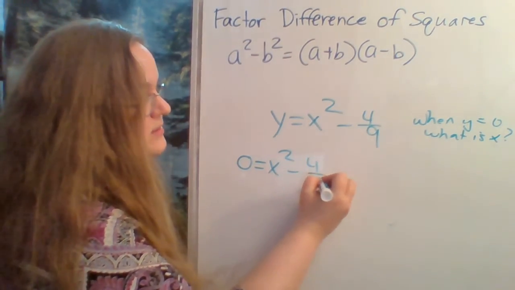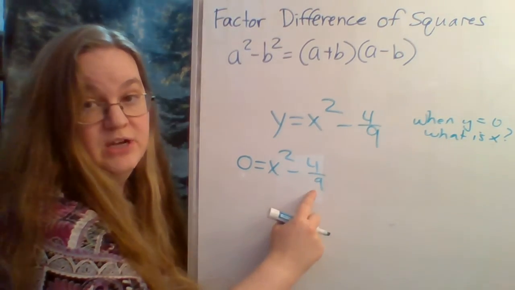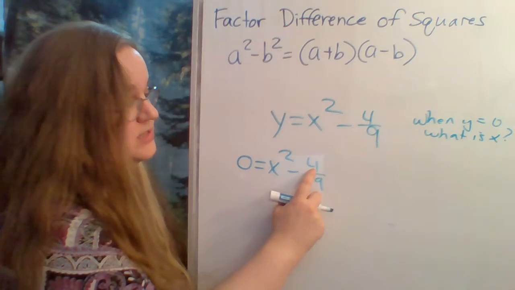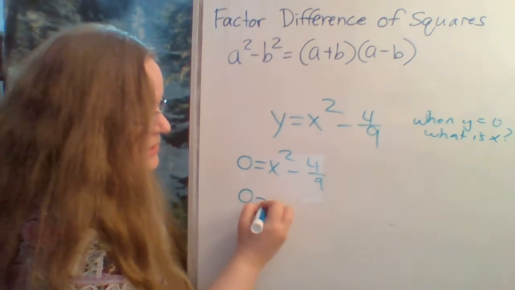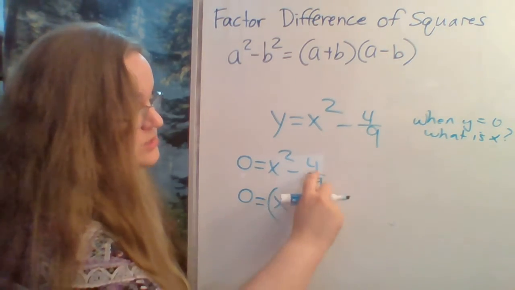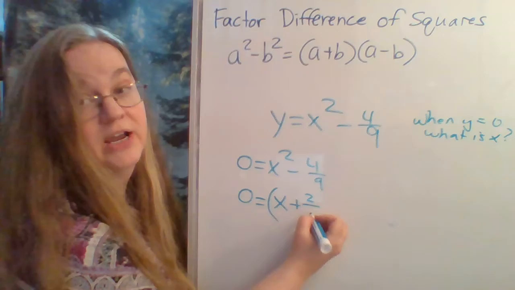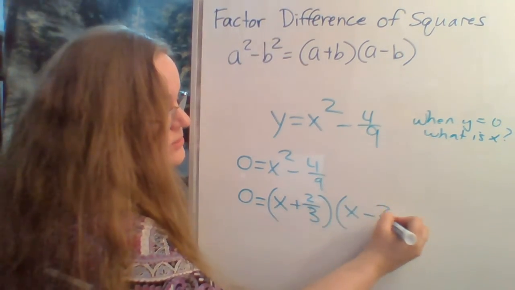Okay, these are both perfect squares because the numerator and the denominator are both perfect squares. So I take the square root of the numerator and the square root of the denominator. That would be x plus, the square root of 4 is 2, the square root of 9 is 3, so 2/3, and x minus 2/3.